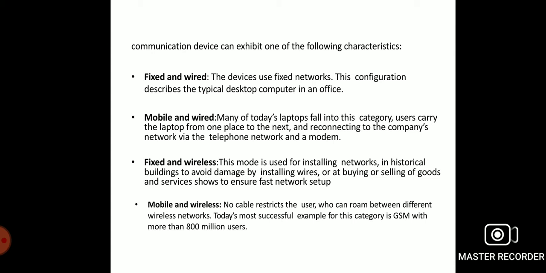And finally, mobile and wireless: no cable restricts the user, who can roam between different wireless networks. Today's most successful example of this category is the Global System for Mobile communication, with more than 8 million users of these mobile and wireless communication devices.